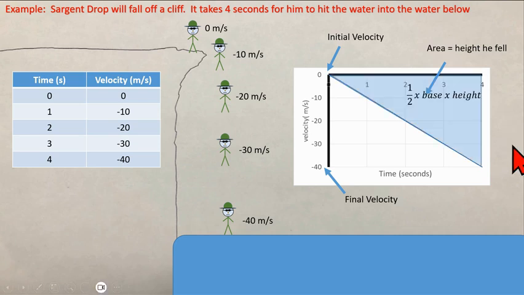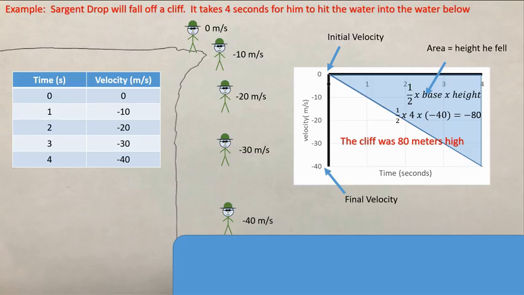So the area of a triangle is 1/2 base times height. And if you plug in all these numbers, there's a 4 here, a 40 here, you get negative 80. So if he went down, negative just means he went down. He went down 80 meters. How high was the cliff? The cliff had to be 80 meters high, right? So without any fancy formulas, we're able to find that.